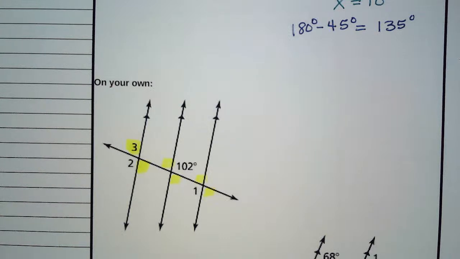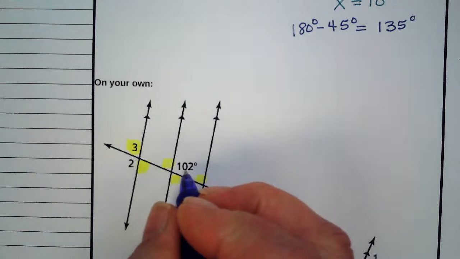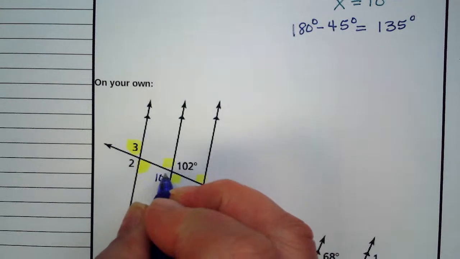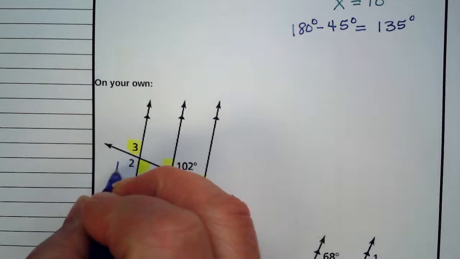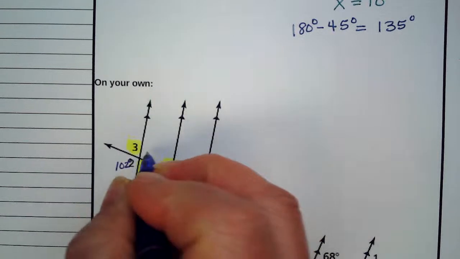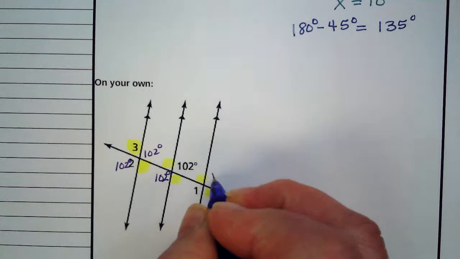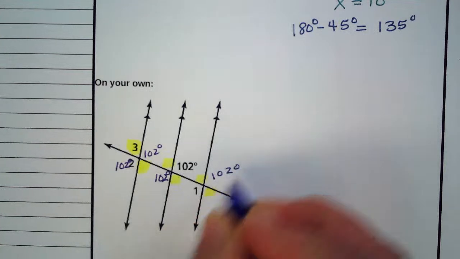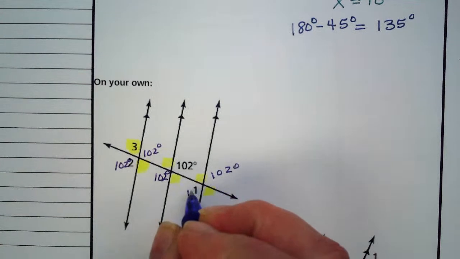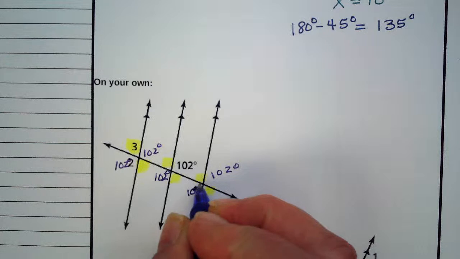The ones that are not colored will be the same measure as angle 2. So I can start by marking in all the ones that do not have color. So this is 102 degrees here, 102 degrees here, 102 degrees, 102 degrees, and 102 degrees.